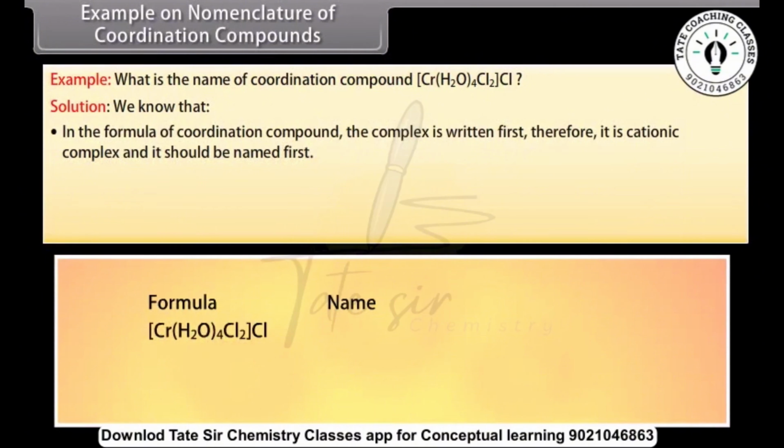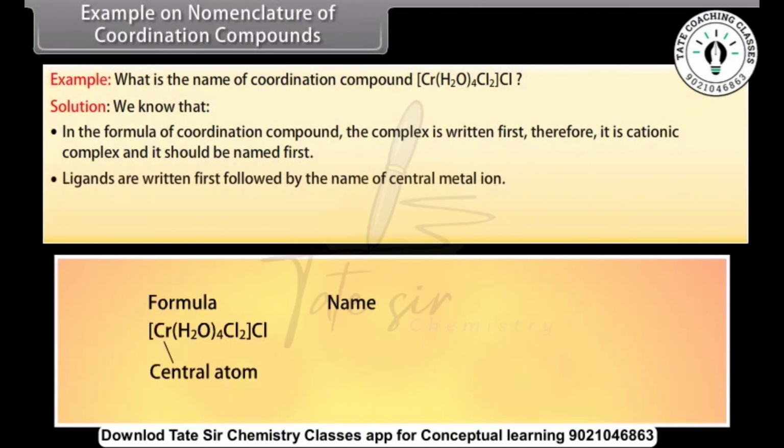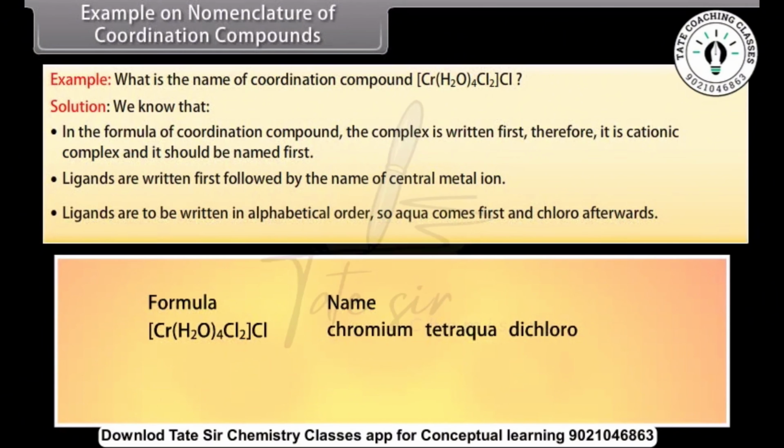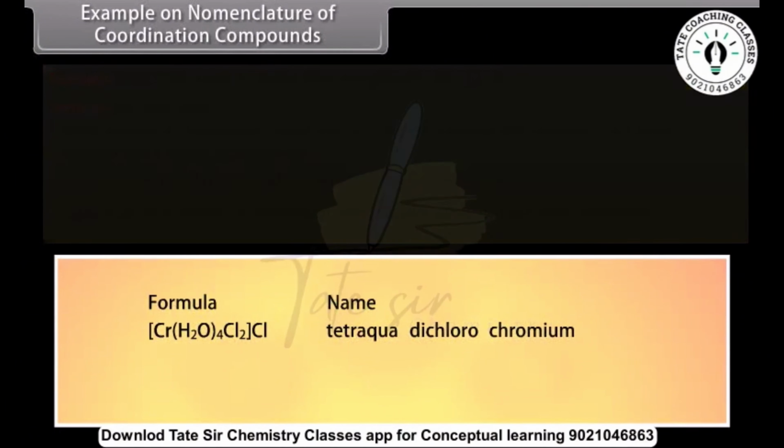In the formula of a coordination compound, the complex is written first, therefore it is a cationic complex and it should be named first. As per the rules, while naming the complex, ligands are written first followed by the name of the central metal ion. Ligands are to be written in alphabetical order, so aqua comes first and chloro afterwards.